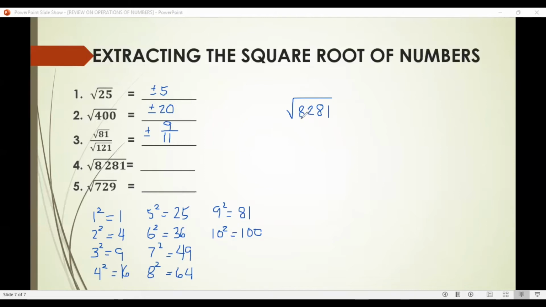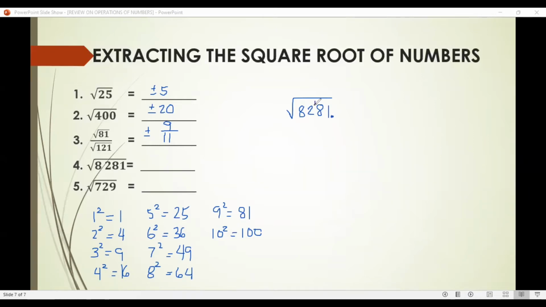The question is, in this example, you have 8,281. There is no decimal point, but we know that if it is a whole number, the decimal point is at the end. So this simply means that this will be divided into 2 groups.